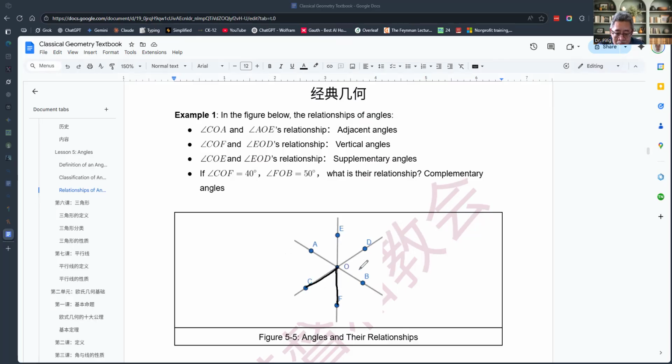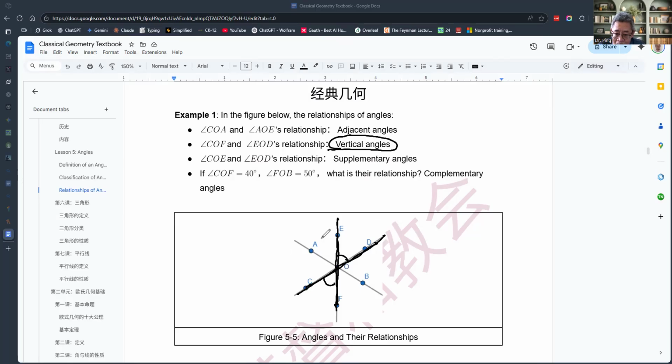And EOD. Well, you can see that this is one straight line, this is another straight line. So the angles they form are called vertical angles. And by the vertical angle theorem, we know they are congruent.